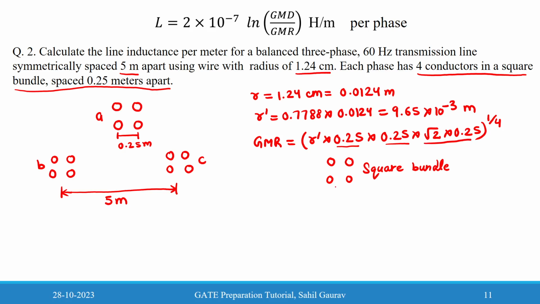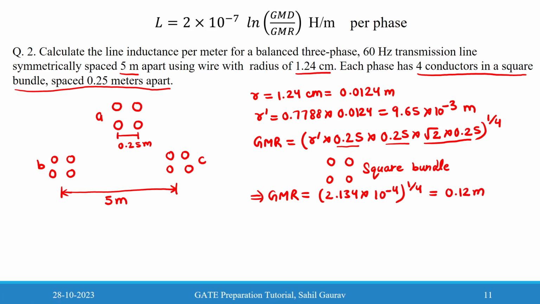So here you will get the geometric mean radius of the bundle conductor, and doing the simplification, 2.134 into 10 to the power minus 4, to the power 1 divided by 4, is equal to 0.12 meter.